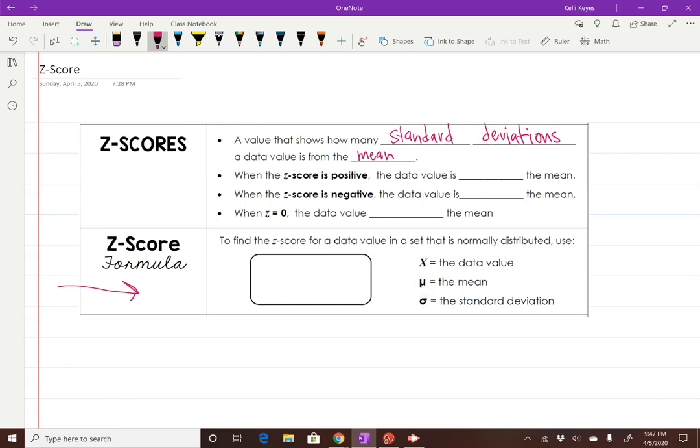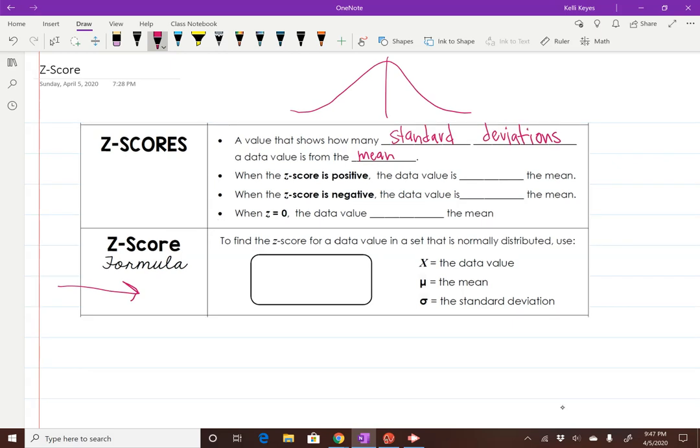Okay, so if we're looking at a normal curve here, this is the average, say we're talking about height of females. Then if your height falls right here, this means you have a Z-score of something because you're going to be so many SDs away from the mean.